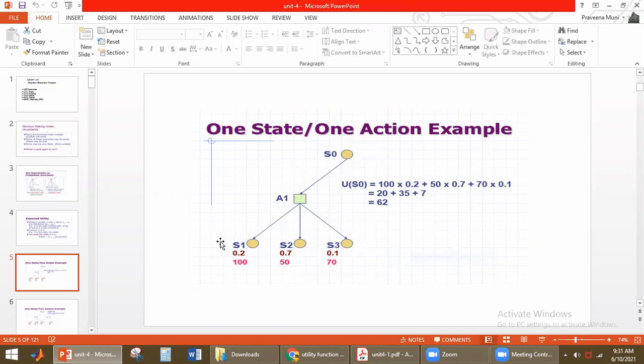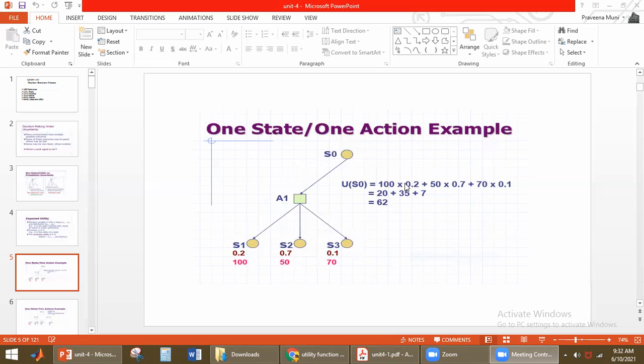What is expected utility? Expected utility is nothing but combining the utilities with the outcome probabilities. So we have to multiply these two terms. What is U of S0 here? U of S0 will be 100 into 0.2, 50 into 0.7, 70 into 0.1.